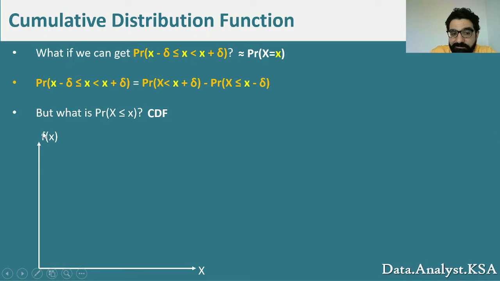So if this is my probability density function represented by small f of x, and it looks like this, if I want to talk about the probability that x, the large X, is smaller than this specific small x, the yellow, I'm talking about this region, because this region is somehow representing the probability of x being smaller than x.